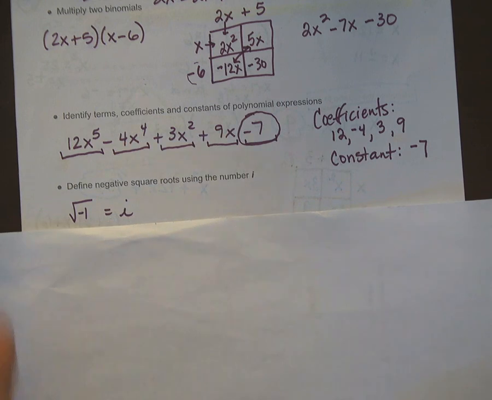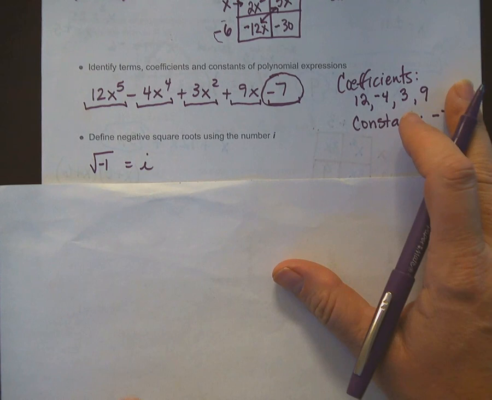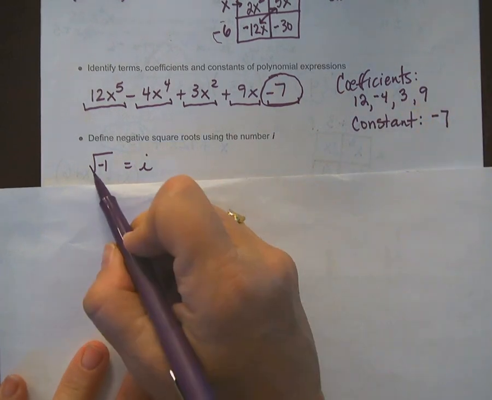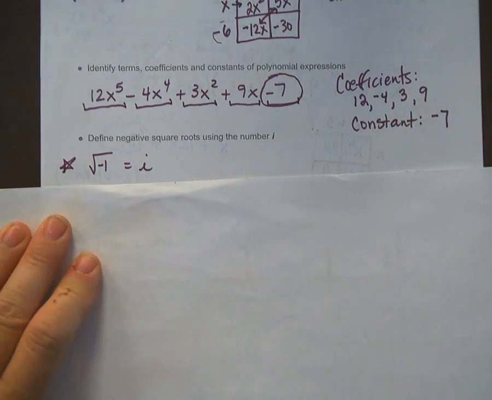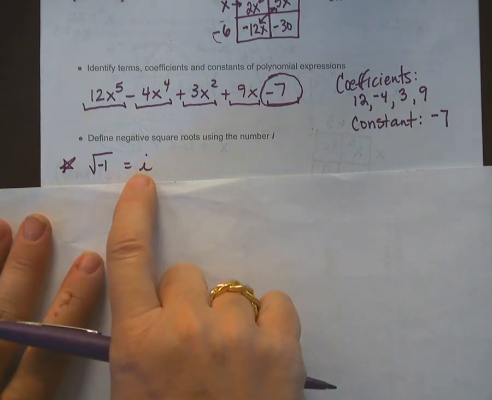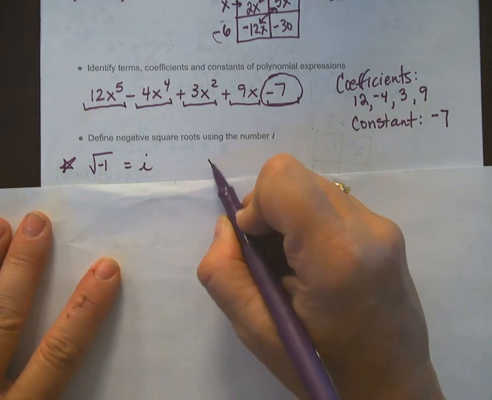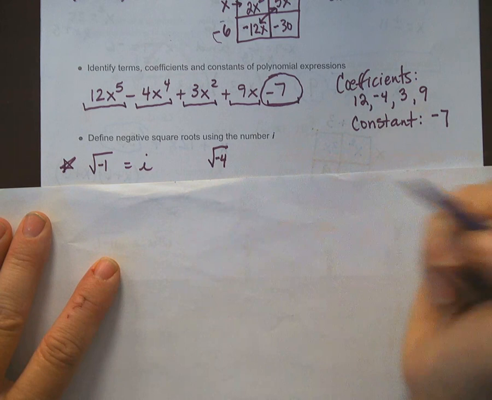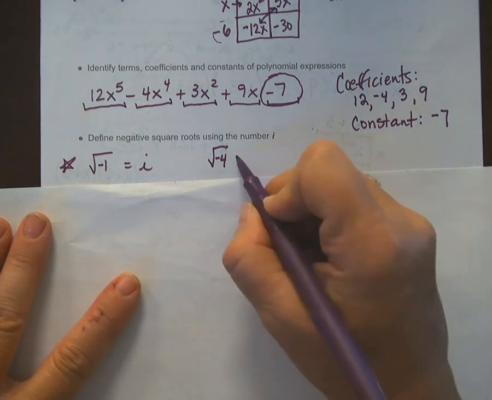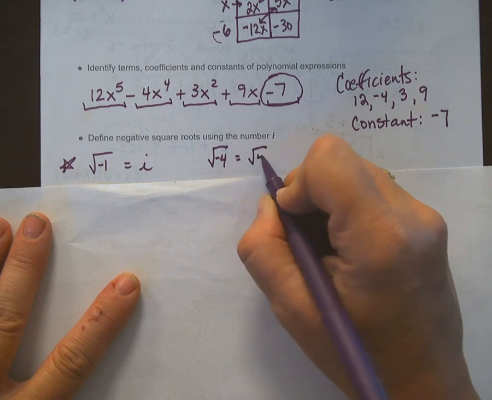Okay, the last thing is defining a negative square root as the number i. So this is something you can write on your note card. The definition is that the square root of negative 1 is equal to i. And this is how we would break this down. If we had the square root of negative 4, we're going to break negative 4 down into 2 factors.